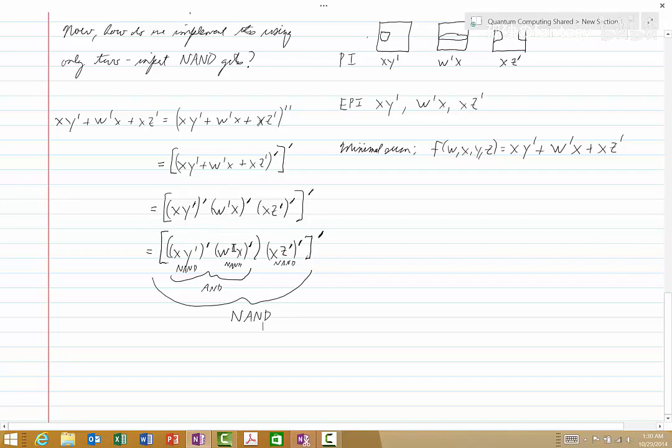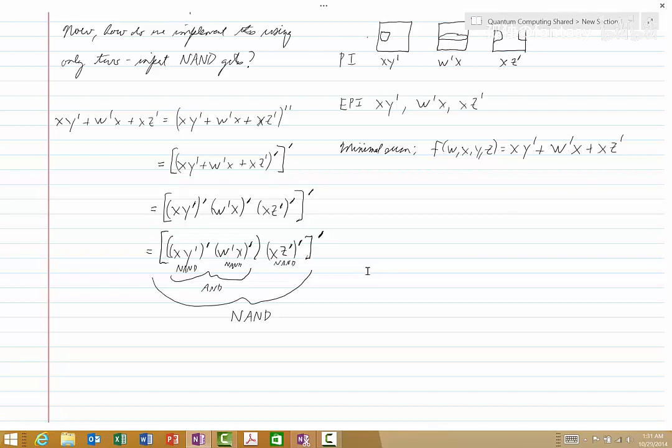That is, after we get the AND of these two and we get the NAND of these two, then we can use a 2 input NAND for all of that to get our final result. So that is how we can take a function and implement it in an efficient way using 2 input NAND gates, 2 input AND gates, and inverters. And the good news is that all of those can be implemented with Toffoli gates.